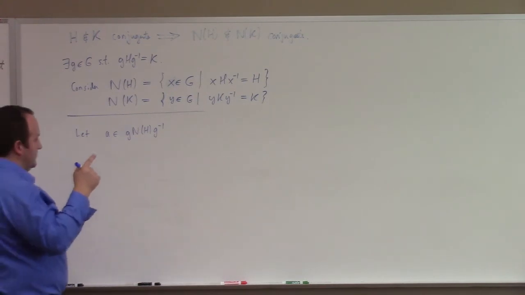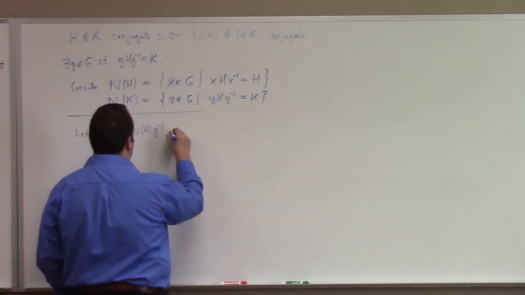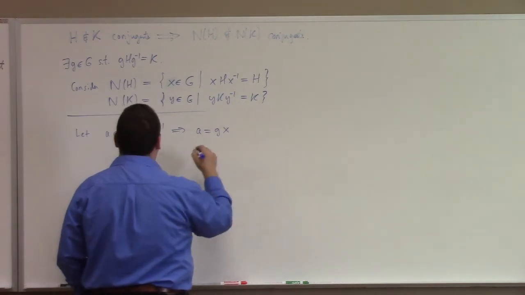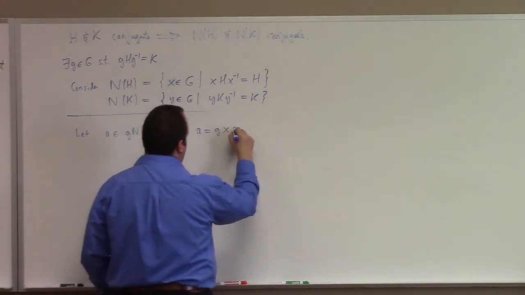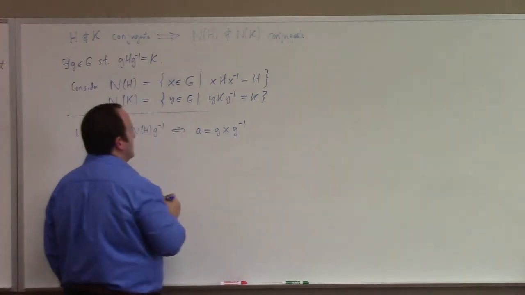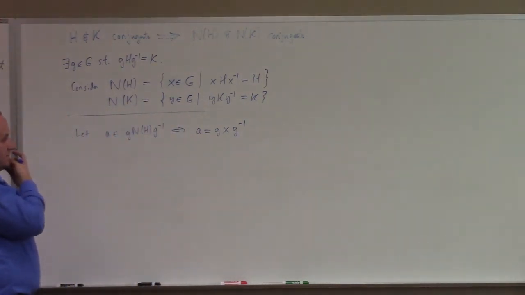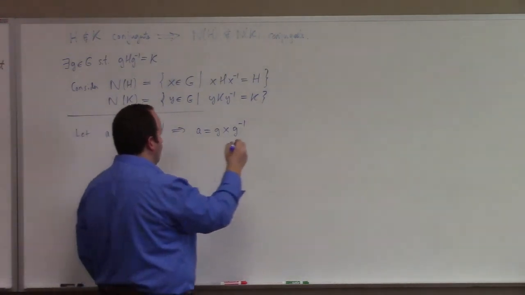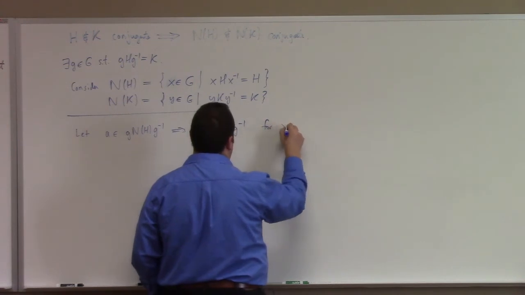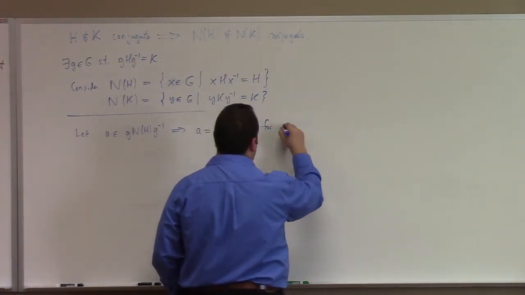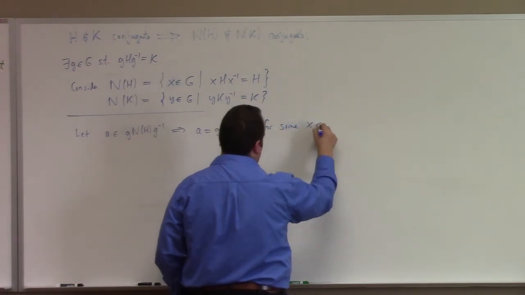Okay, so but that means what? That means that A is equal to G x G inverse, for some what? Right. So then what does that give me?